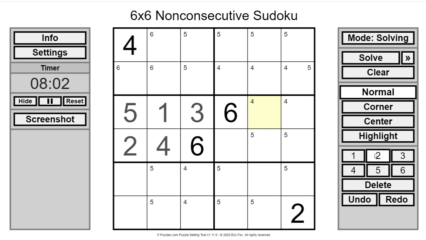Four and 2 left to place here. Now that's a 5. We've got 1 and 3 left in this box. That's the 3, that's the 1.